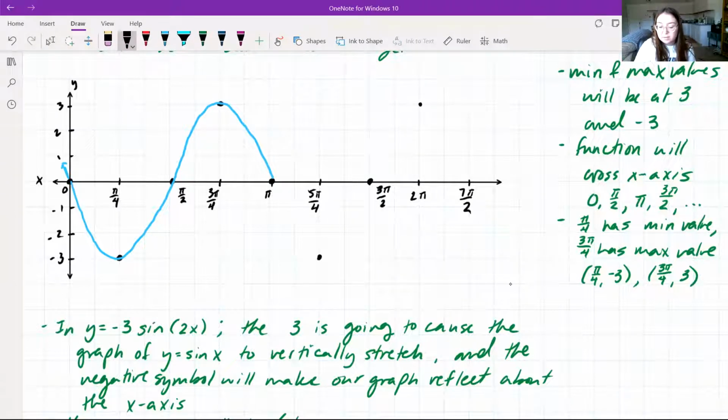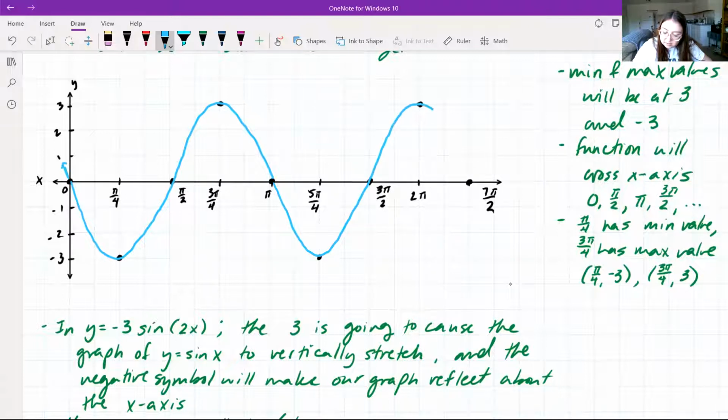Then we'll have the maximum value at 2 pi and cross our x-axis again at 7 pi over 2. Move that one out of the way too. Now we can go ahead and connect these values as well. So we see our function will continue on in the same way, like that.